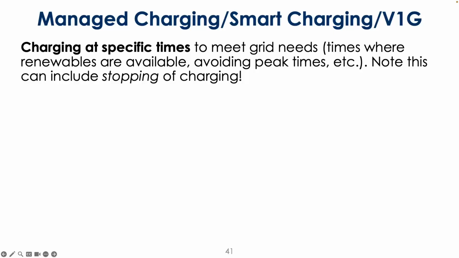Let's start charging, right? So this is where the charging is coupled to meet times that the grid actually wants you to charge, right? And so that might be at times where more renewables are available. Maybe that's avoiding peak times where electricity is more expensive and so on.